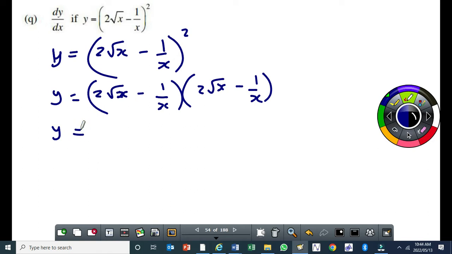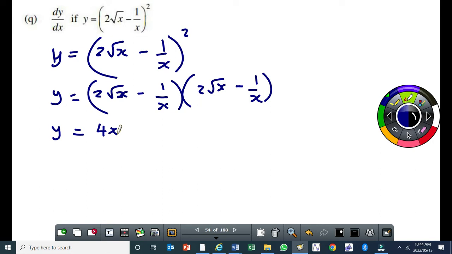So use FOIL here. You get 4x, because 2 by 2 is 4, and square root of x times square root of x gives you x. Then 2 root of x times 1 over x. Now be aware that 2 root of x is the same as 2x to the power of a half, and 1 over x is the same as x to the power of minus 1.